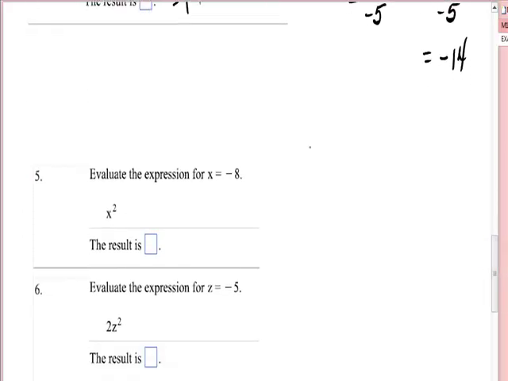Next one, I have the expression x squared, and I'm going to put in the number -8. It's very important that you recognize that the entire value of x is getting squared, so it has to go into parentheses. That's going to give you negative times negative, which is positive 64.